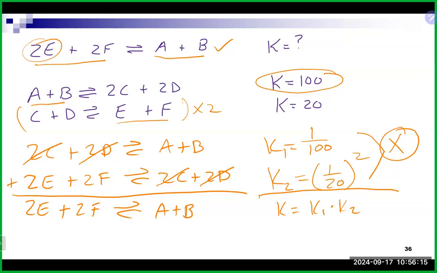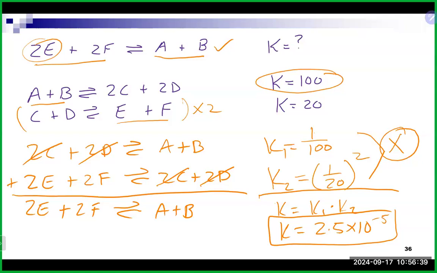And we're going to times that by 1 divided by 20 squared. And that's going to get us a K value here of 2.5 times 10 to the minus 5, I think, there.